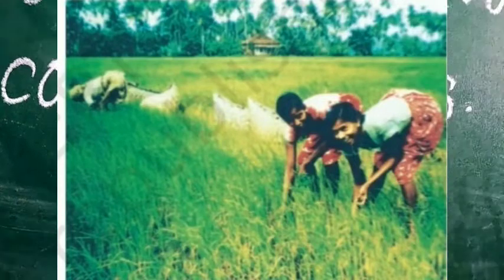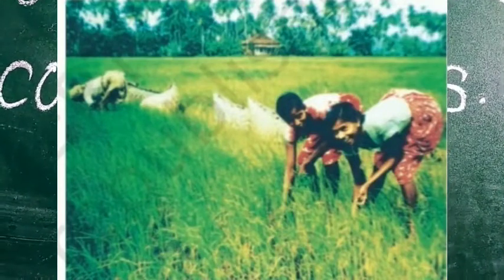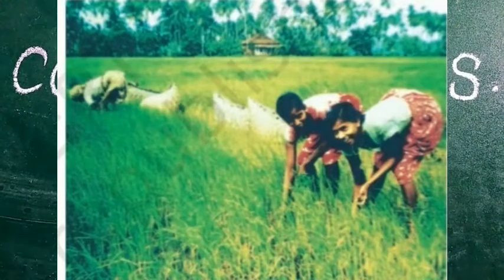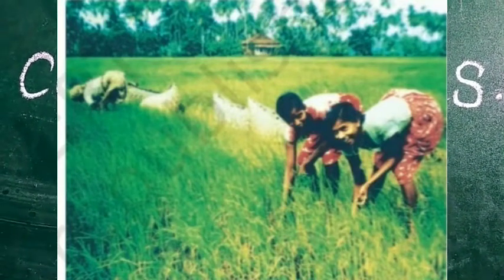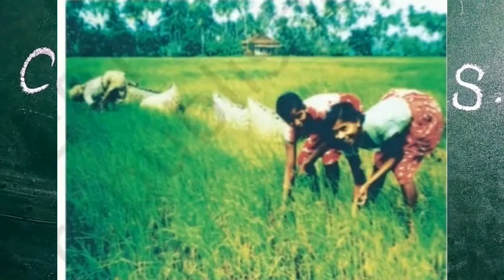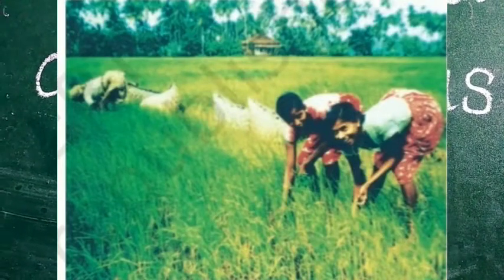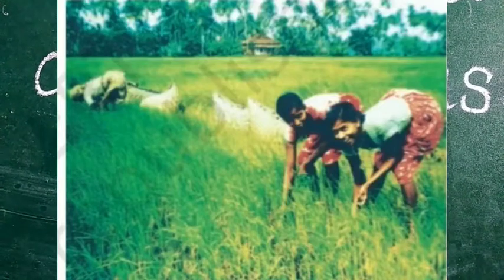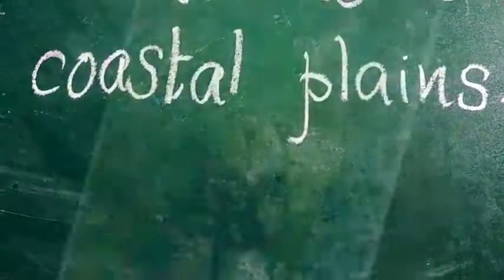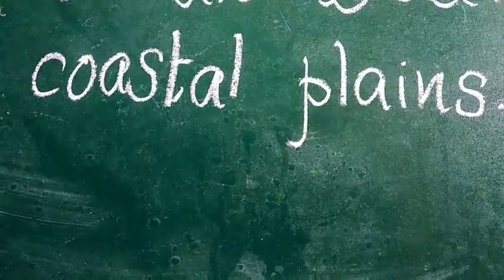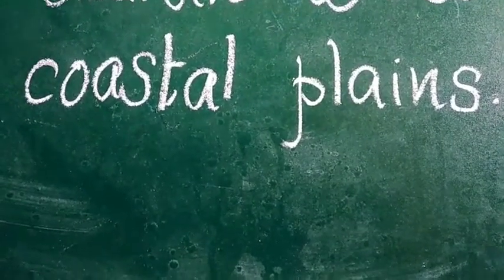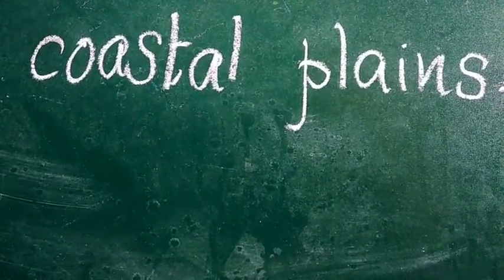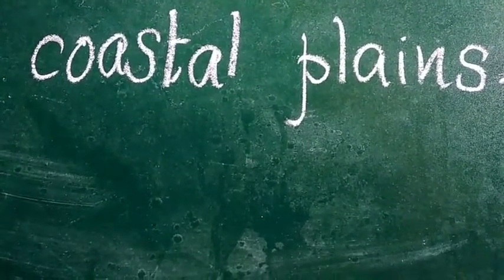Large rivers such as the Mahanadi, Godavari, Krishna and Kaveri have formed extensive deltas in these coastal areas.